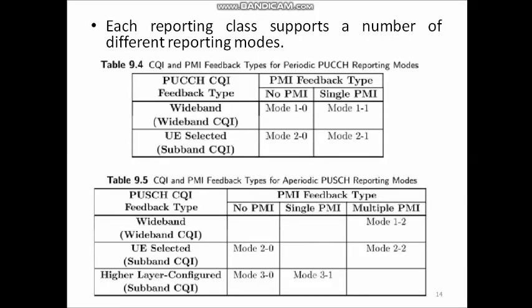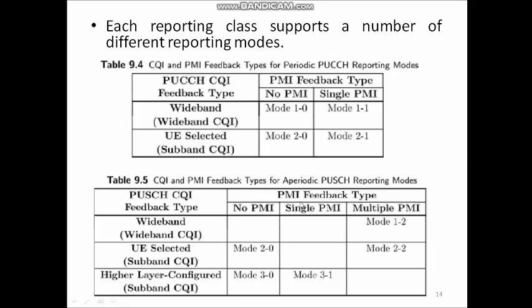Next, each reporting class supports a number of different reporting modes. These different reporting modes depend on periodic or aperiodic reporting. So, here it is given separately, table 9.4 for periodic PUCCH reporting modes, and table 9.5 for aperiodic PUSCH reporting modes.